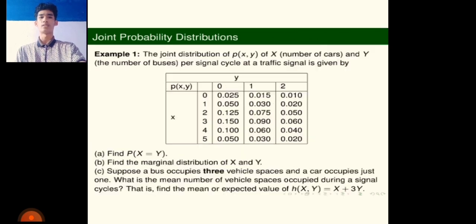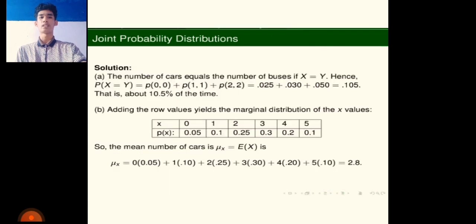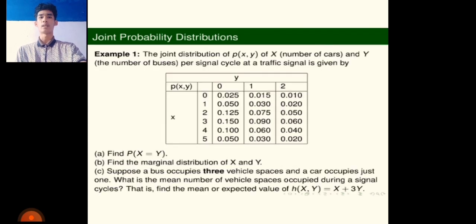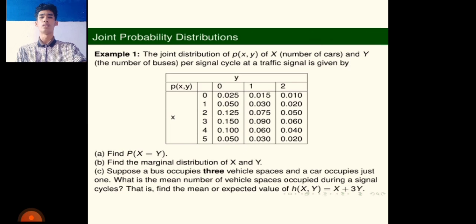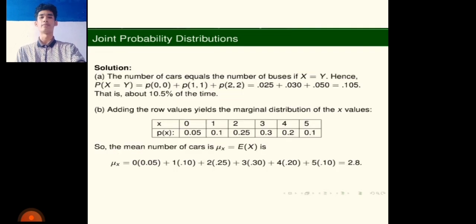So 0, 0 is 0.025, plus 1, 1 is 0.030, plus 2, 2 is 0.050. So 0.025 plus 0.030 plus 0.050 equals 0.105.